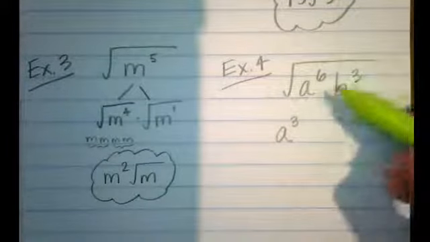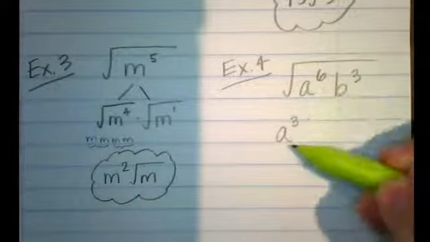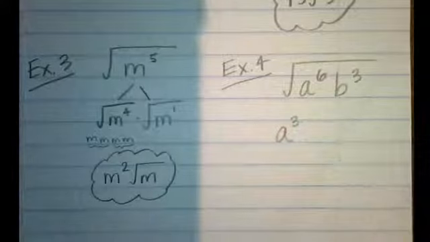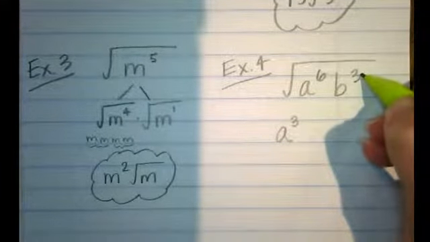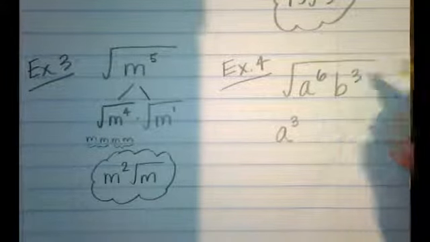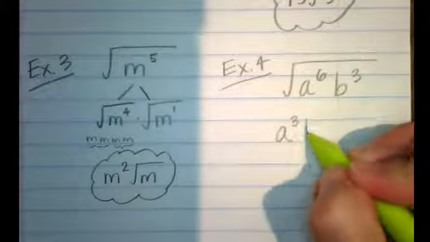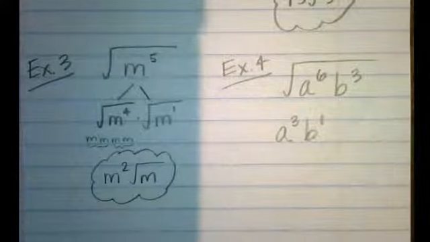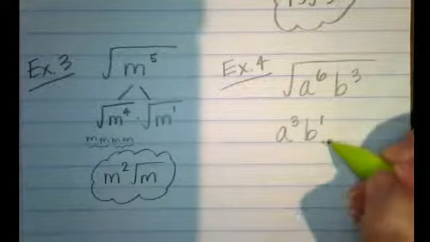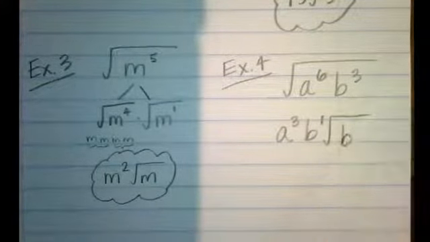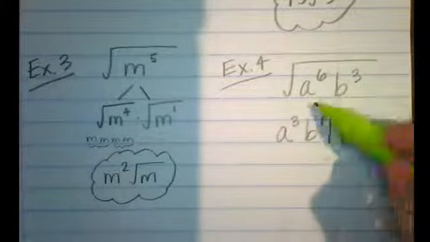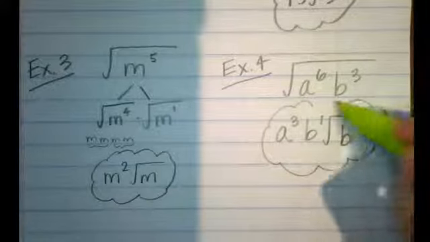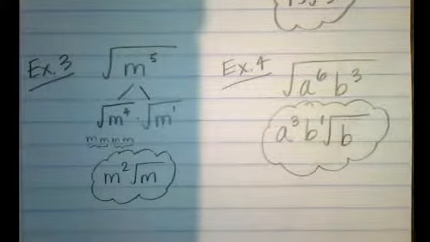So I know that the square root of a to the 6th is going to be a to the 3rd. Then I look at b to the 3rd, and from that I can make 1 pair. So I can only get 1 pair of b's, and I'm going to be left with a b inside the square root. So that is the simplified form of number 4.